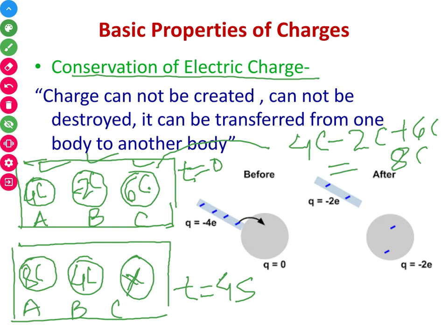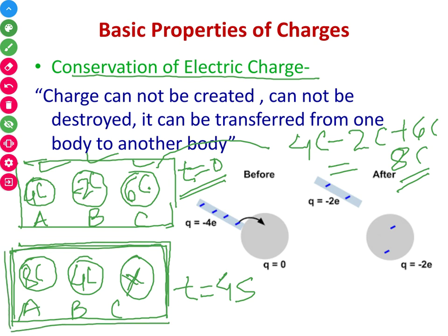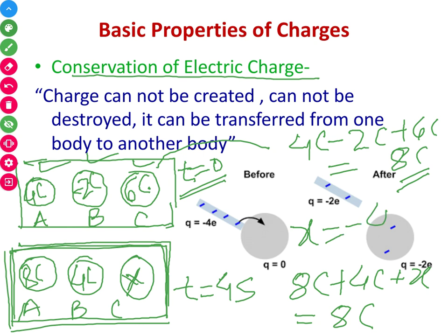Then in the second condition, after t equal to 4 seconds, the total charge here will also be the same. So 8C plus 4C plus x is equal to 8C. With the help of this equation we can easily find the value of x, which is equal to minus 4C.